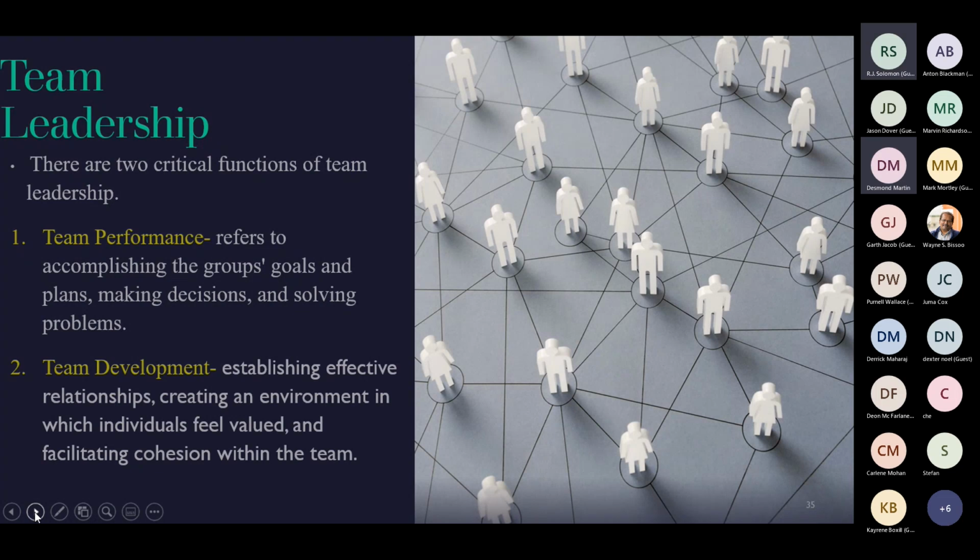Two, team development, establishing effective relationships, creating an environment in which individuals feel valued, and facilitating cohesion within the team. So this speaks for itself. Next.